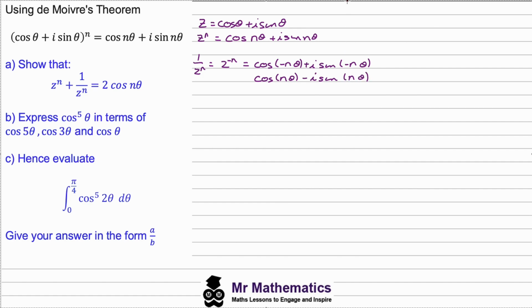So if we call this one equation 1 and this one equation 2, then what we're being asked is to work out z to the n plus z to the negative n. So this is equation 1 plus equation 2.